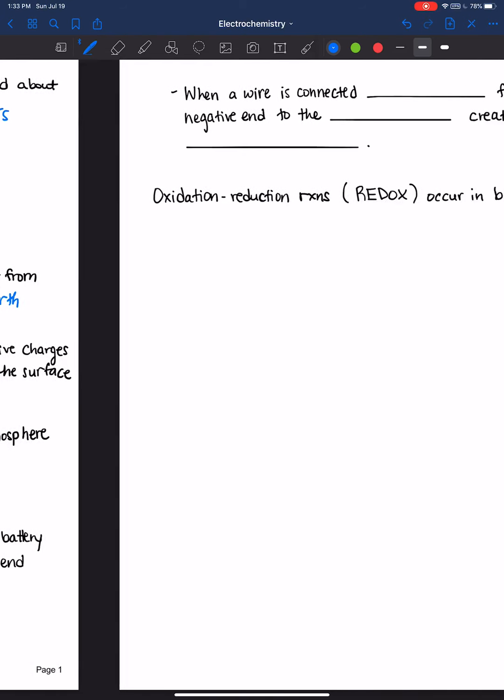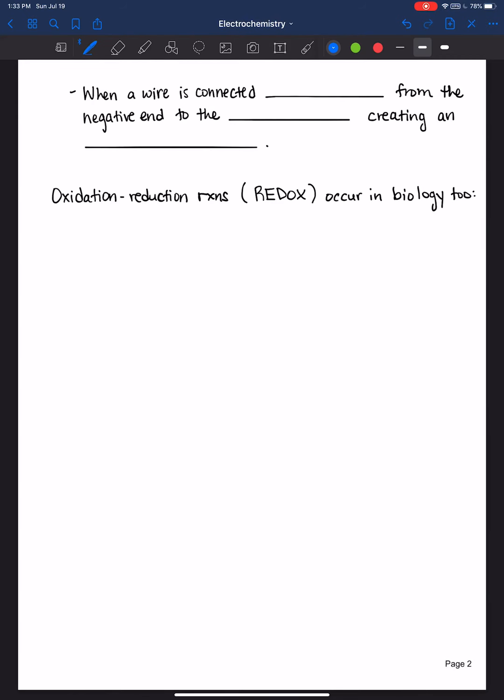And then when a wire is connected, the electrons flow from the negative end to the positive end, creating an electric current.